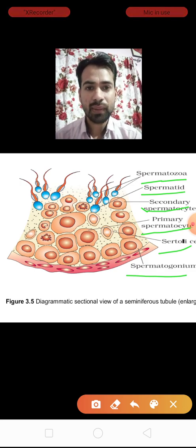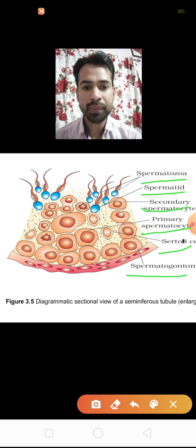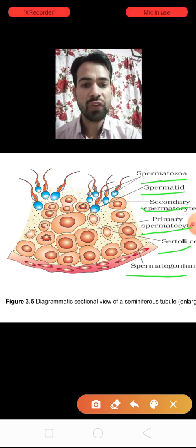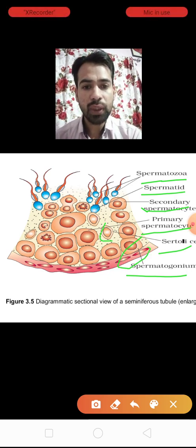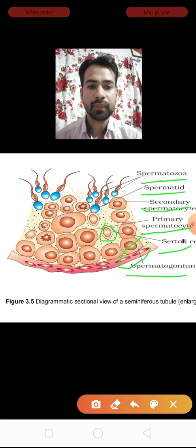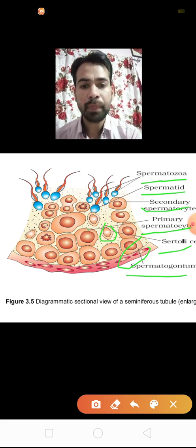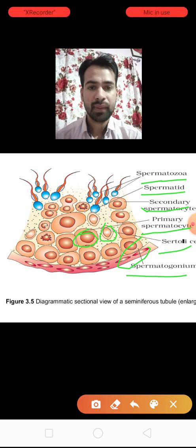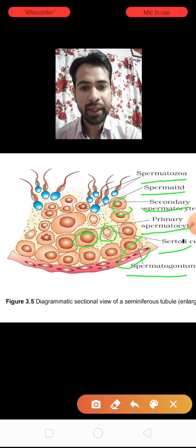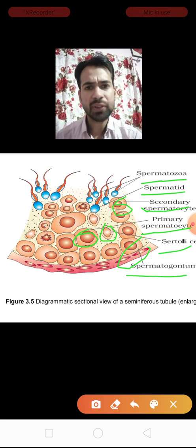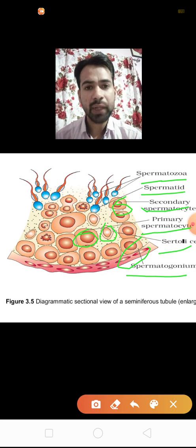You can see on your screen the picture of the spermatogonium. Now this is Sertoli cell, and these are the primary spermatocytes after first meiotic division. Now these are the secondary spermatocytes after second meiotic division.